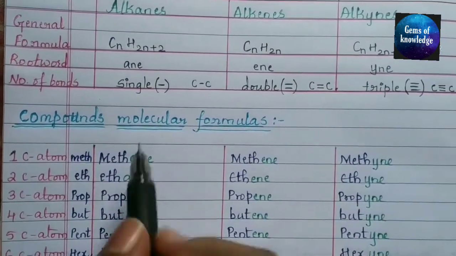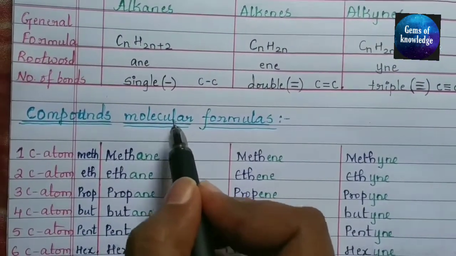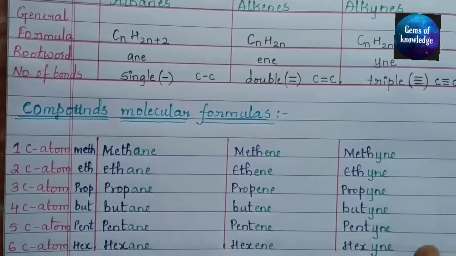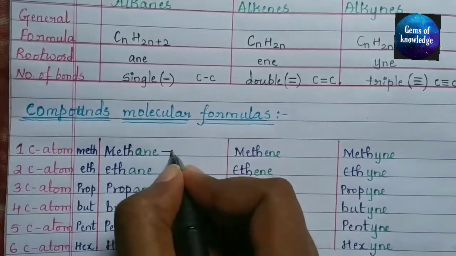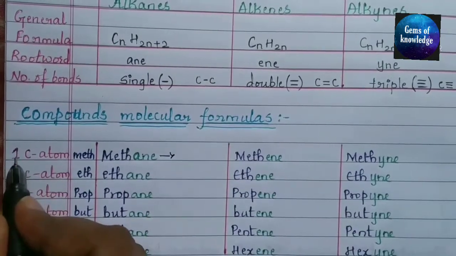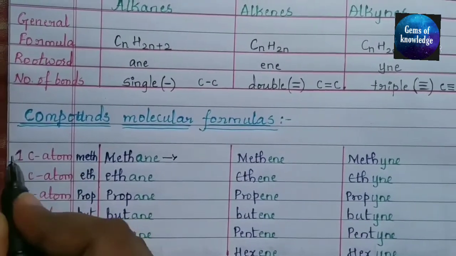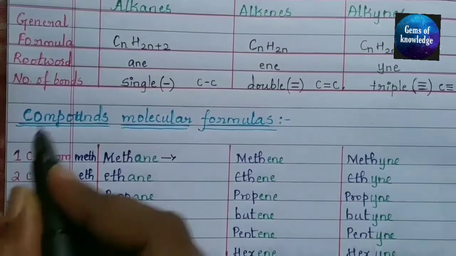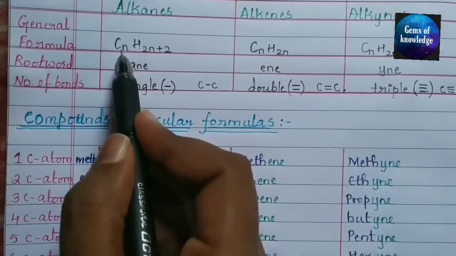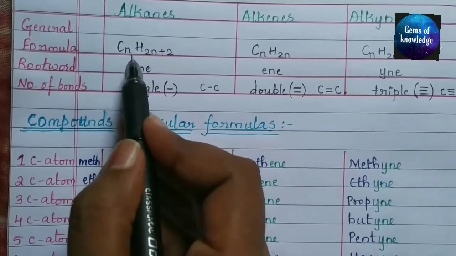Okay, so let us know the molecular formula of these compounds. As I told you, meth means it has one carbon atom. So in place of n we have to substitute 1.